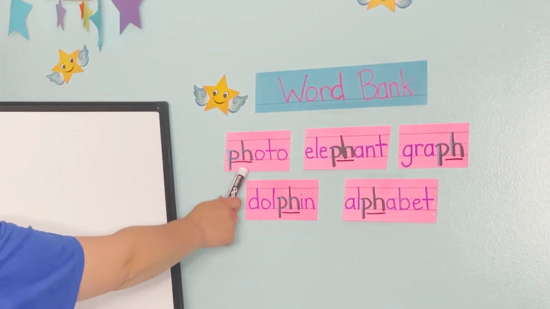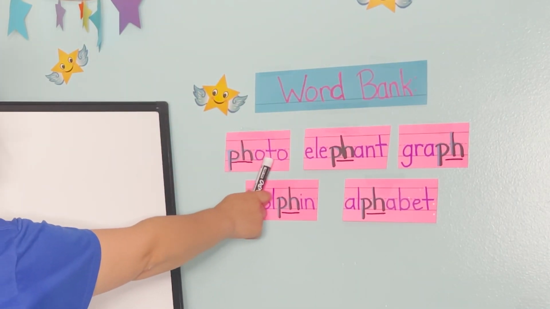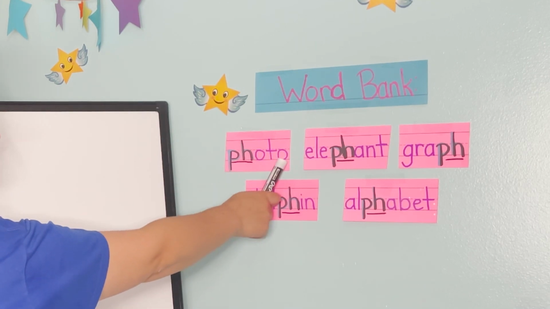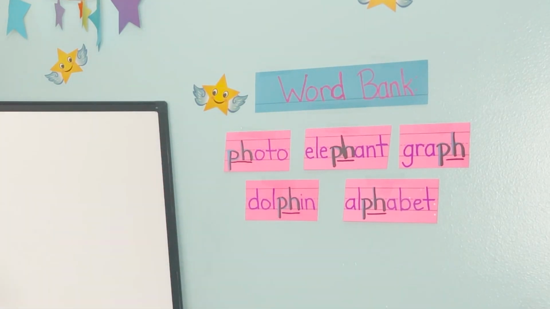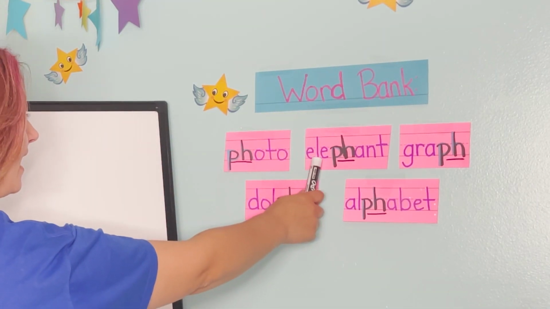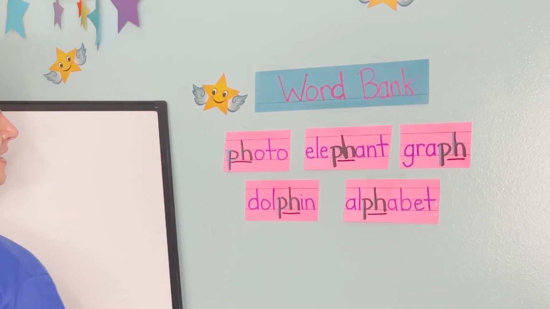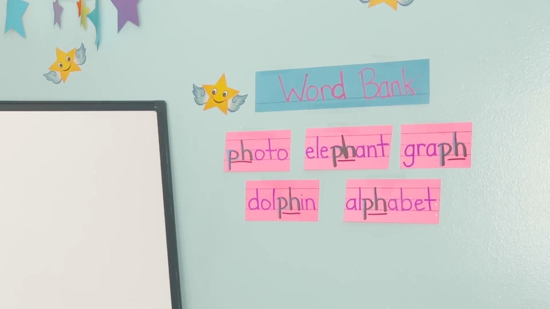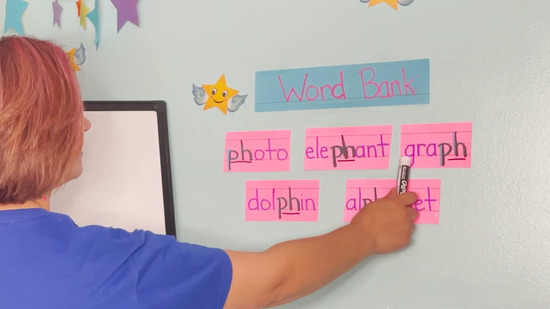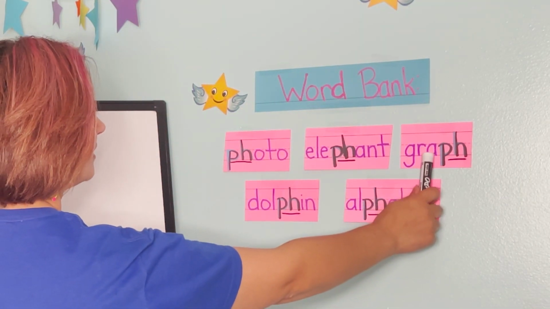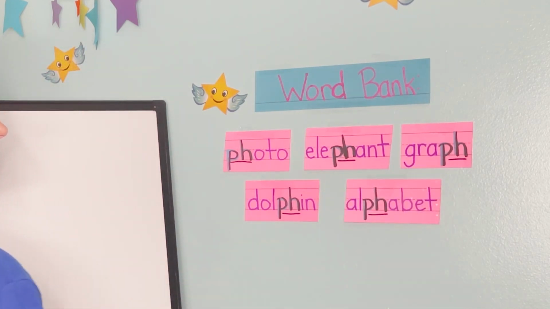All right, let's go ahead and read the words that we have in our word bank. All right, we have photo. A photo. Okay. What about the next one? Elephant. Nice. What about graph?